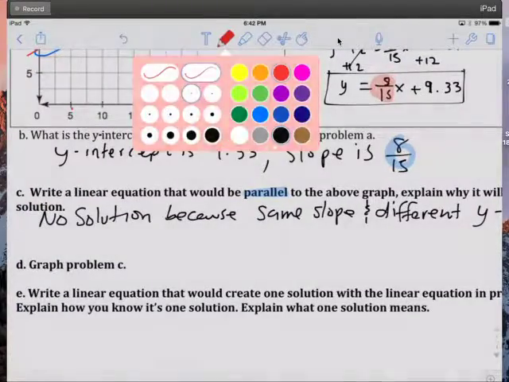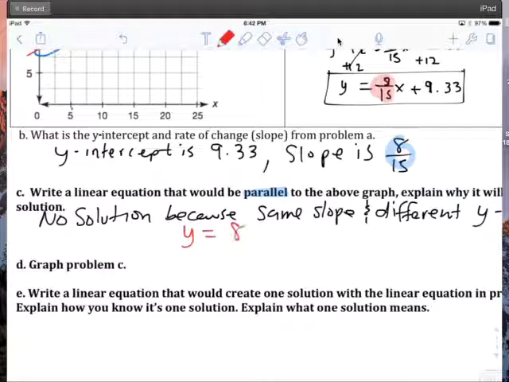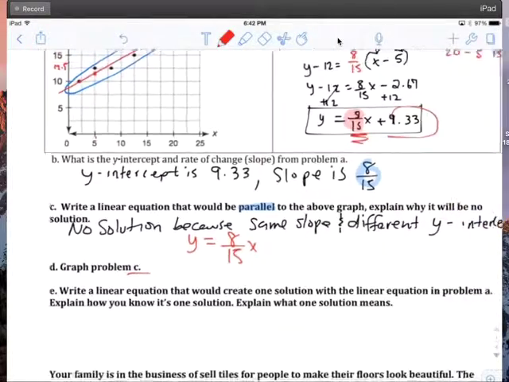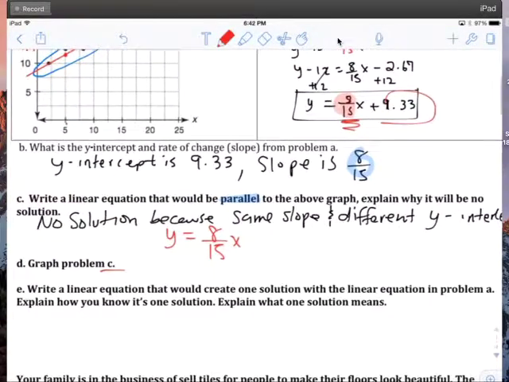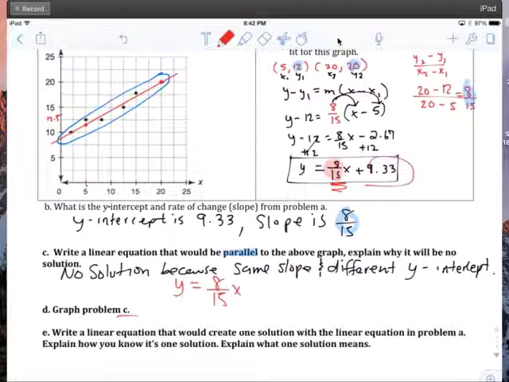So I have to go y equals 8/15 x, that has to be the same as that. And this can be anything you want, but we're graphing. So let's make it one of the numbers here. The y-intercept 5 or 15. We'll make it 15. Plus 15. Okay?